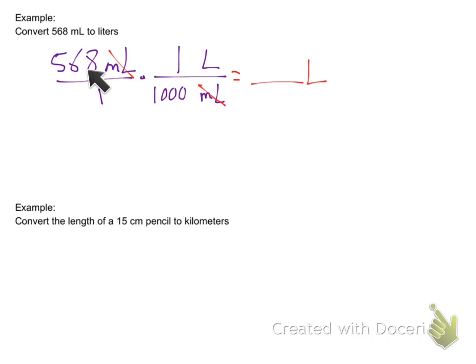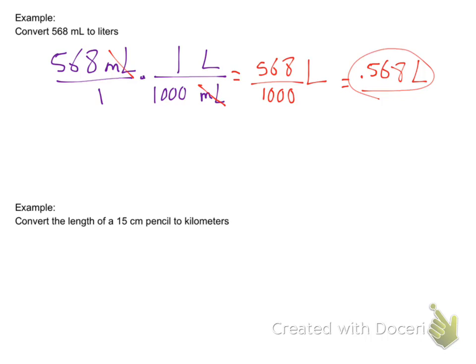I have fractions, and how do you multiply fractions? Across. So 568 over 1,000, which equals 0.568 liters, and there's your answer.